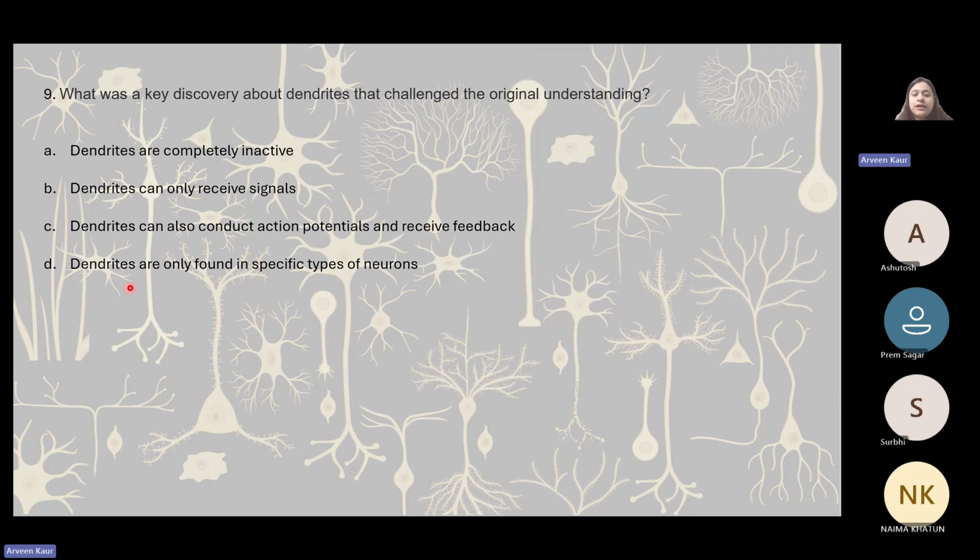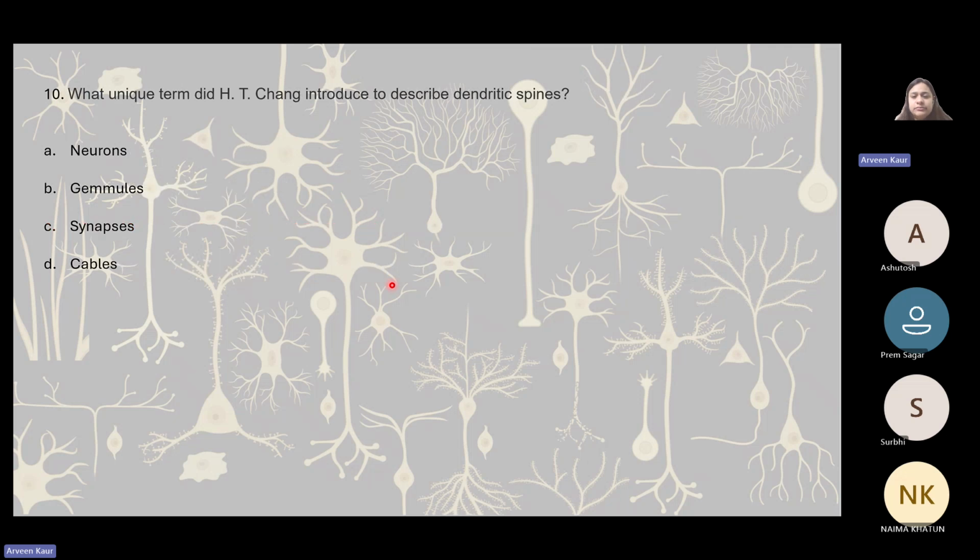So no, dendrites are found in all types of neurons. They are not just receivers of signal, although that is the majority of the work that they do. And they are also not completely inactive, because even in receiving signals, they are working, right? So option C is the correct one, that they can also conduct action potentials and receive feedback.